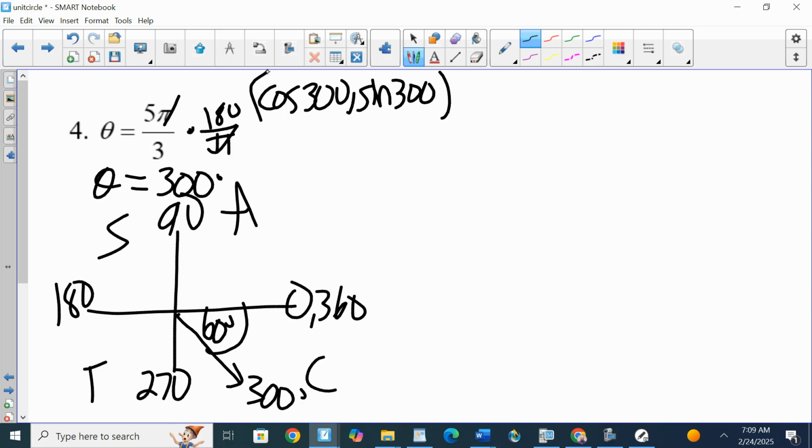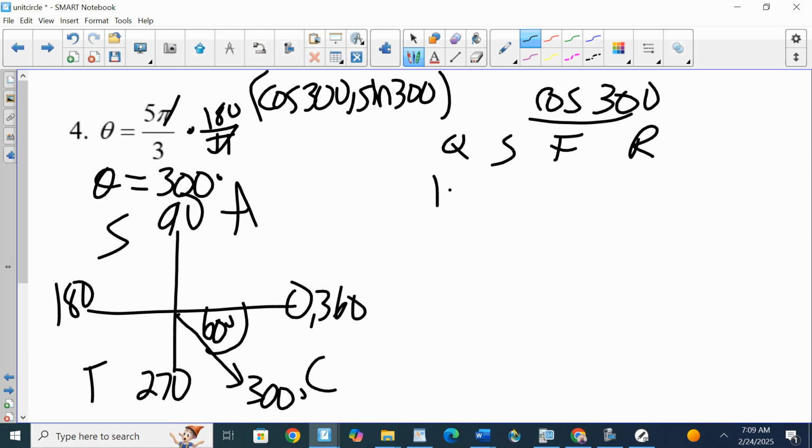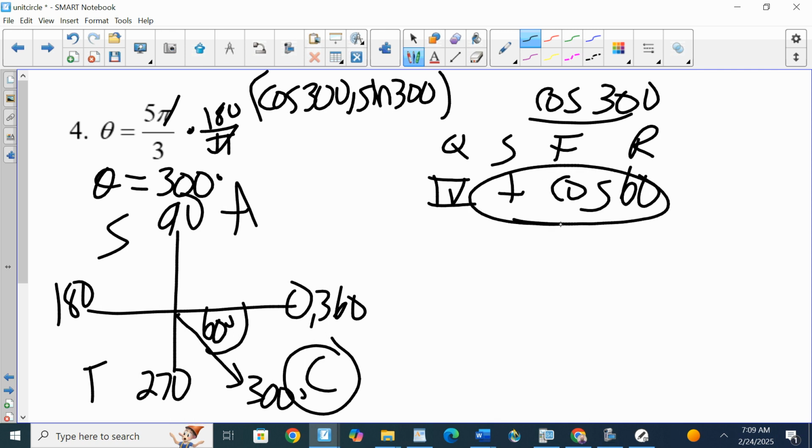Let's start with cosine 300. QSFR. We are in quadrant 4. I'm doing cosine. Cosine is positive in that quadrant. Reference angle is 60. So I have positive cosine of 60.